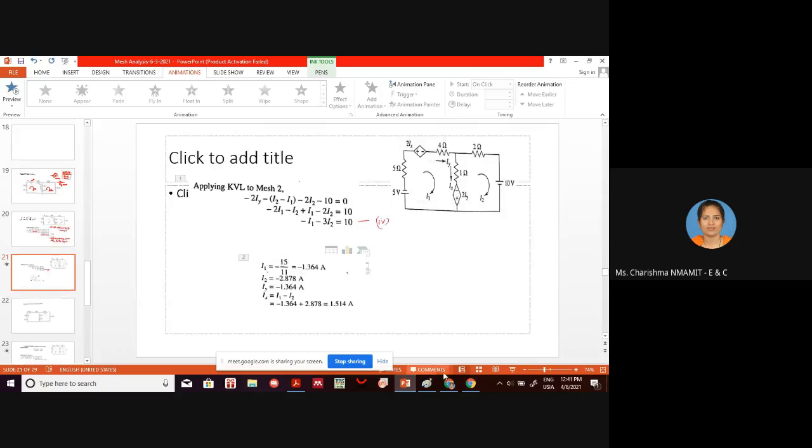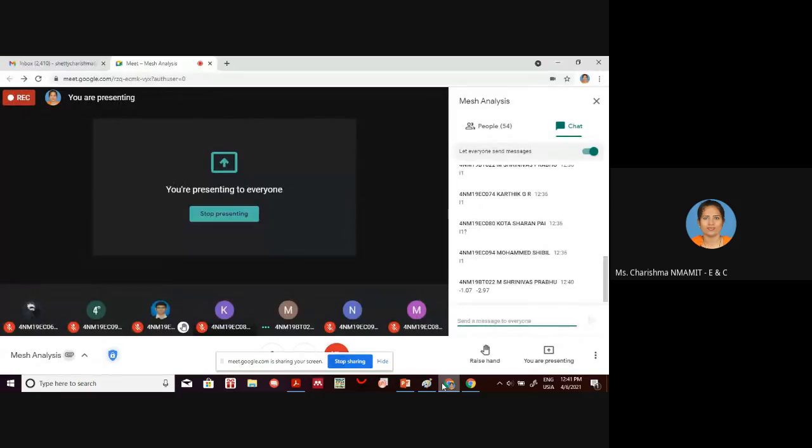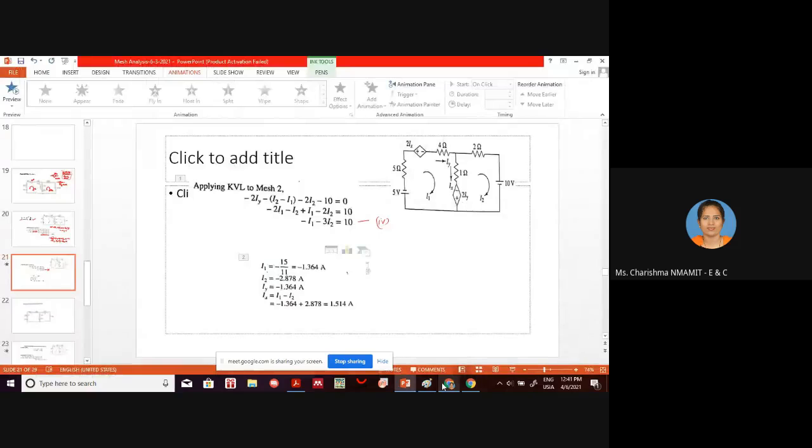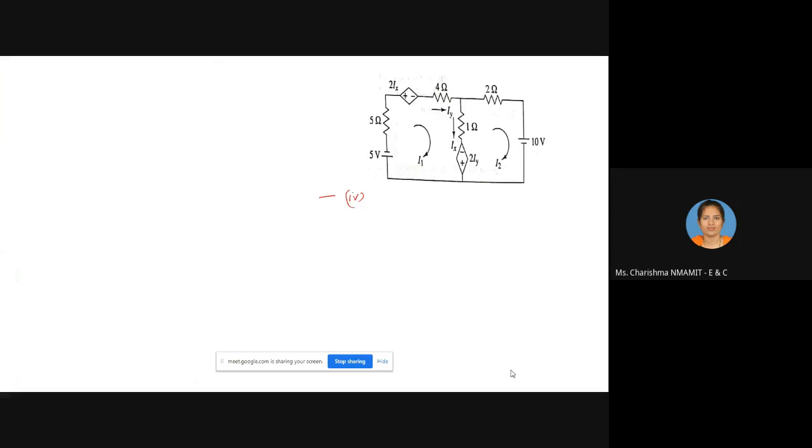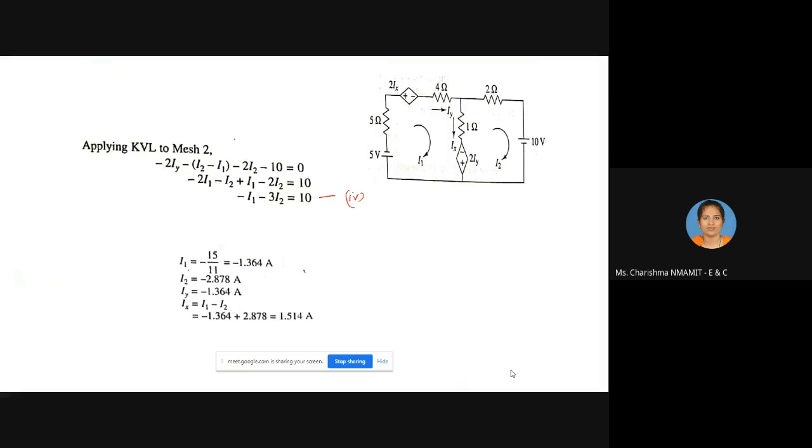Any confusion? So what is the answer you are getting? I1 as minus 1.364 and I2 as minus 2.878. And Iy is nothing but I1, so it is minus 1.364 amps.